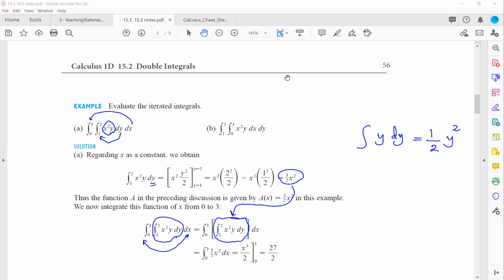Now we take the integral of 3 halves x squared with respect to x, which is 3 halves times a third x cubed.